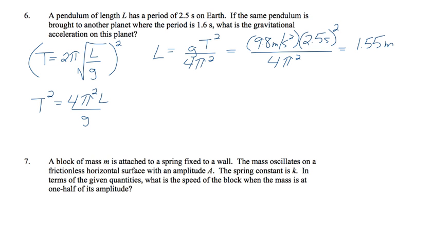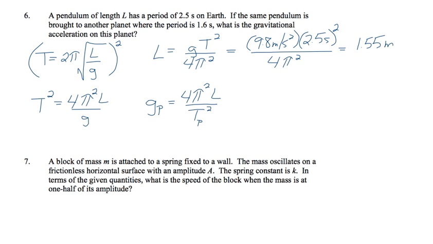Now, once I have that answer, I want gravity on the other planet. So I'm going to go back to this equation where everything's been squared, and I want to solve for G. So I'm just going to move the G up there, and I'm going to move the T squared down there. So my equation for G on this new planet is going to be 4 pi squared L over the T on this other planet squared.